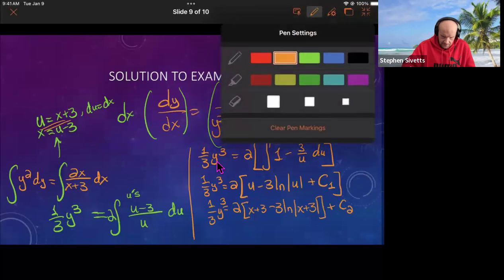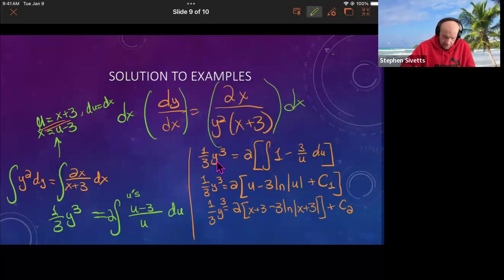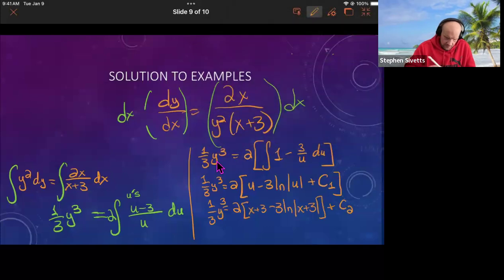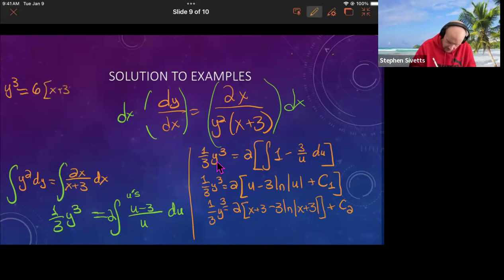And so to solve for y cubed, we'll have y cubed is equal to 6 times x plus 3 minus 3 times the natural log of x plus 3 plus C3, another constant.